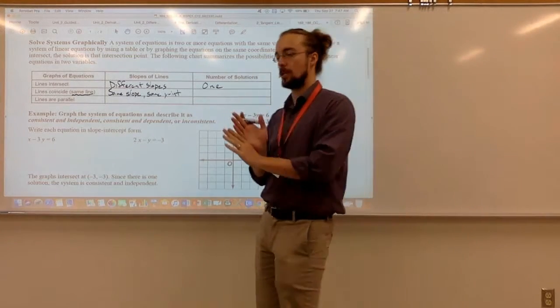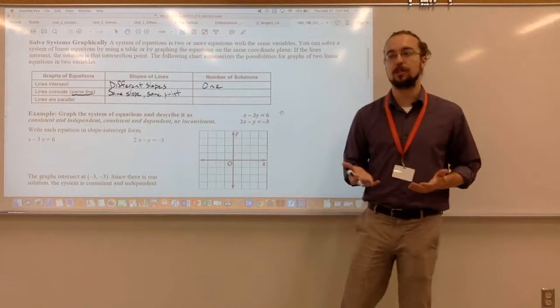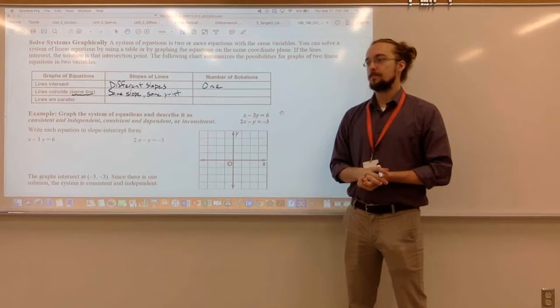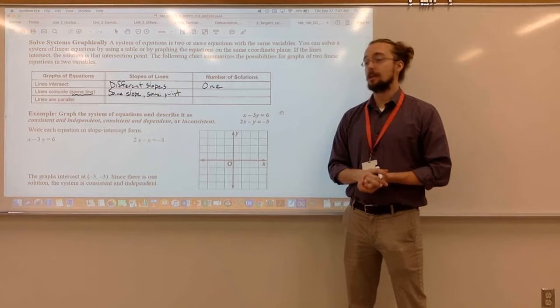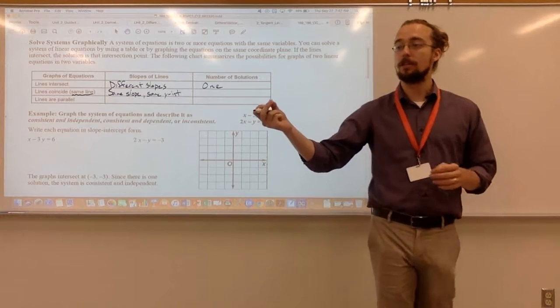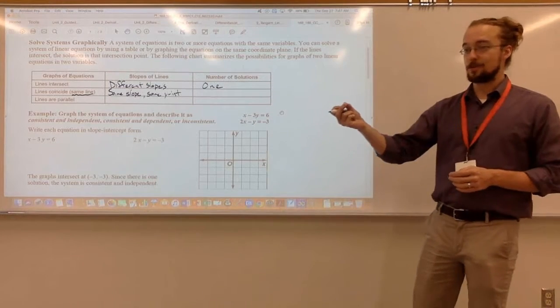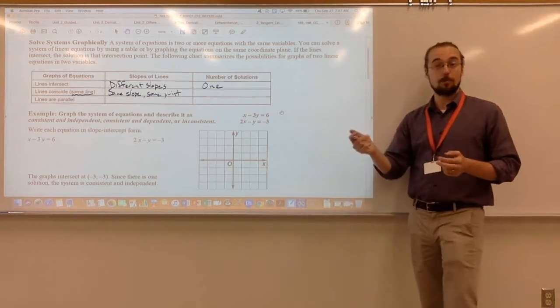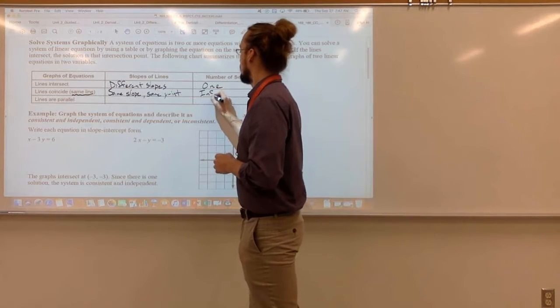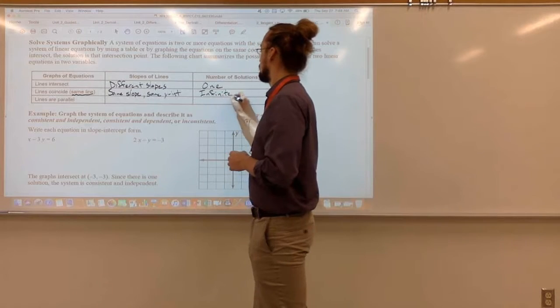How many times will those lines cross each other or touch each other? Infinity, right? They're going to touch each other at every single point. So at every single point, that'll be a solution. So we would technically say there are infinitely many solutions.